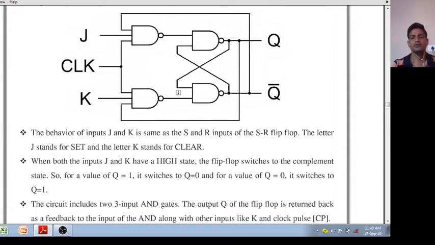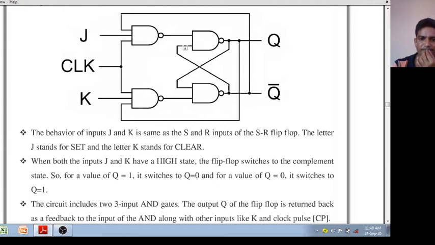Now this is 0. So 0 into 1, this will be 0. So bubble, so it will be 1. And 1 into 1, so we are getting 1 here, 0 into 1 is 0, and this is 1.